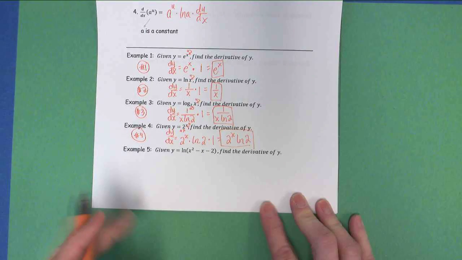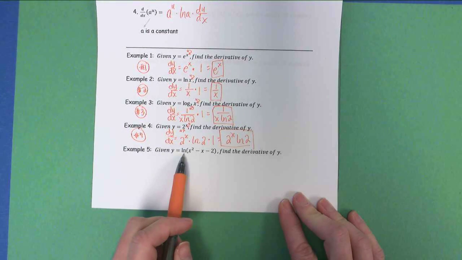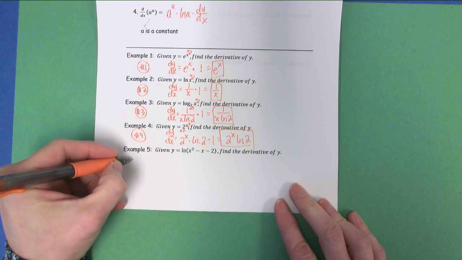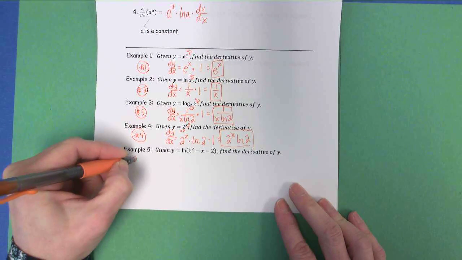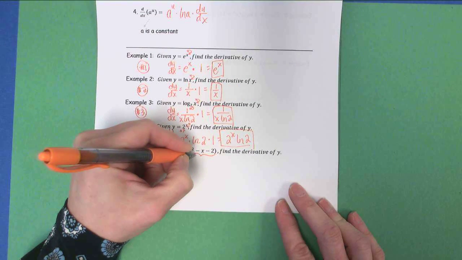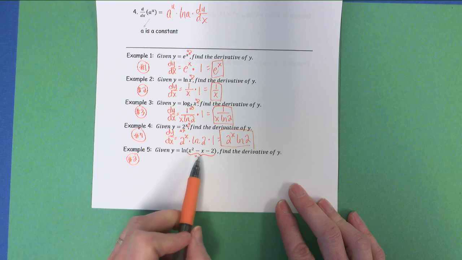Example 5. Given y equals the natural log of x squared minus x minus 2, find the derivative. Okay, this is going to be formula number 2 from up top, because it's natural log. This whole quantity is my u, the natural log of u.